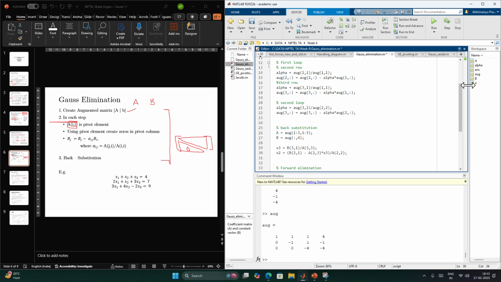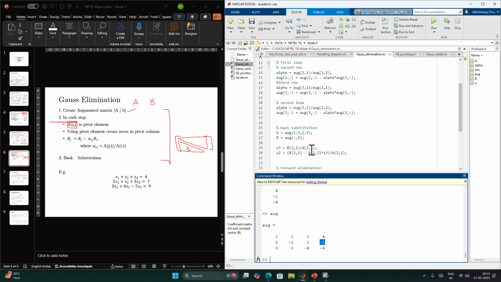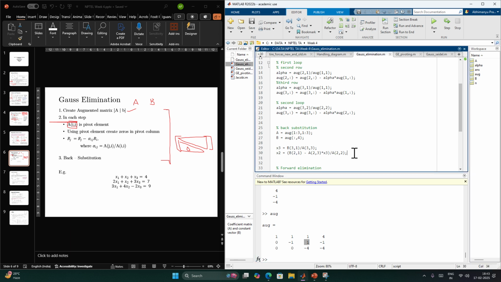So this will give me x2. This is my b21. I will multiply a23, this is my a23, by x3, which I recently got. I will subtract it and then divide by a22. That will give me x2.